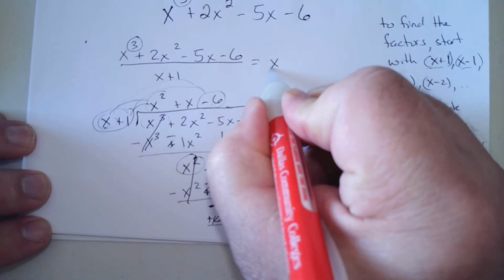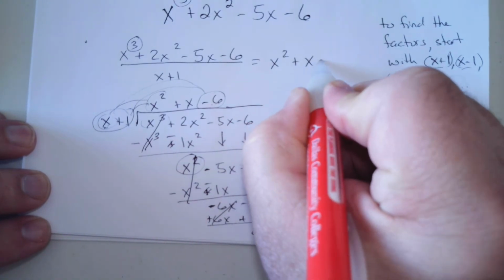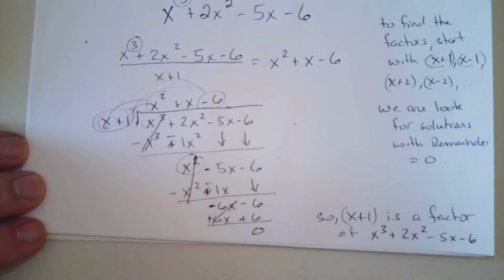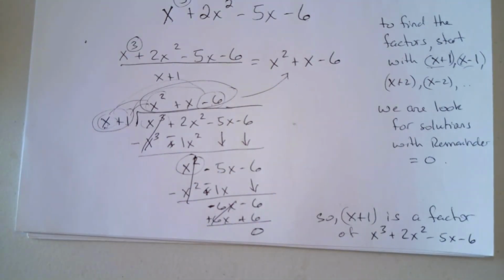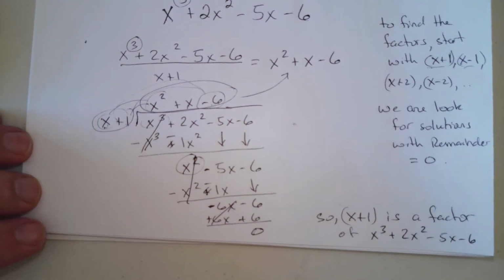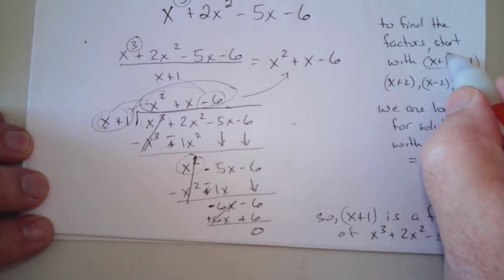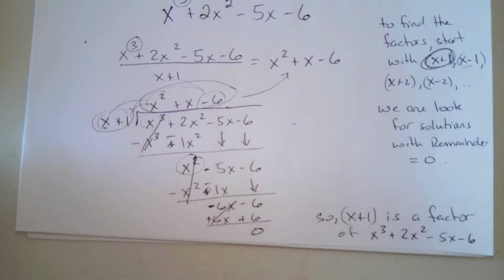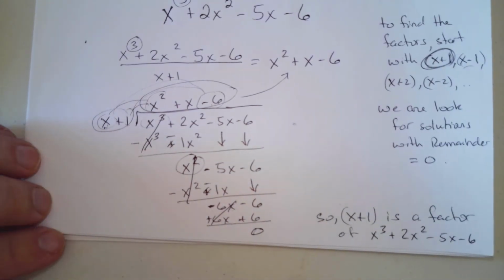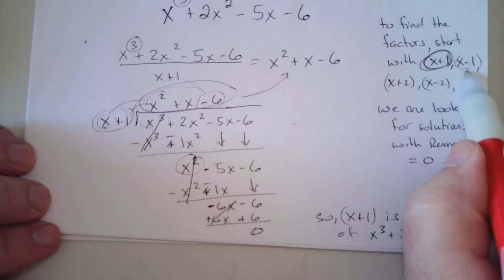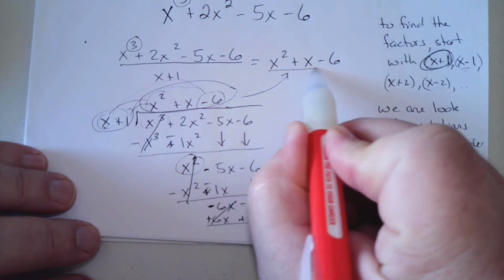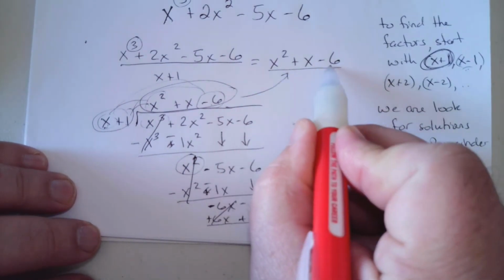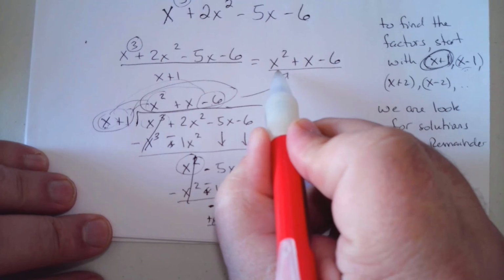So this equals x squared plus x minus 6. That answer goes there. Okay, that's the first part. So we know this one works. Now we try x minus 1. But here's the more important thing. You notice our answer we have left? This is all we have to look at now. Since the remainder is 0, we only have to look at this.